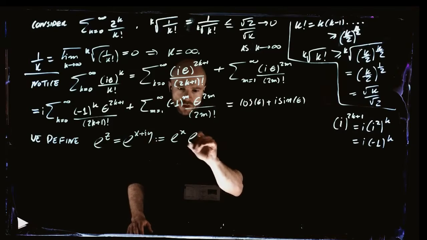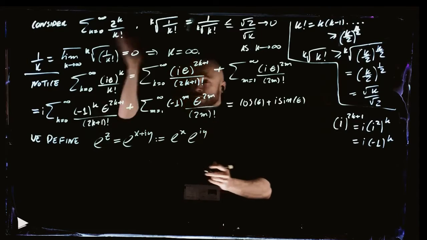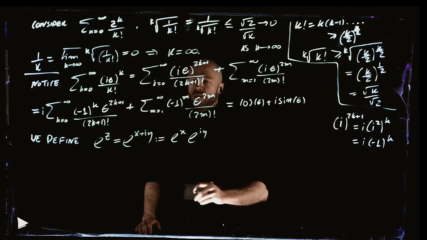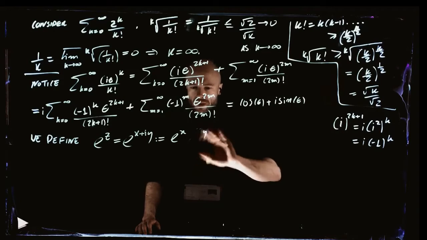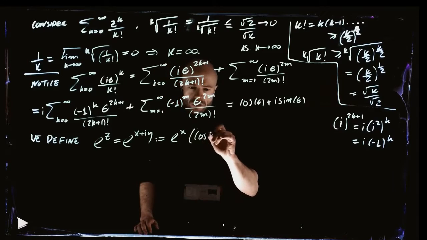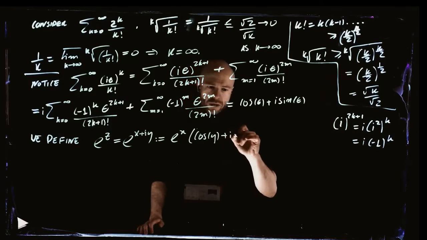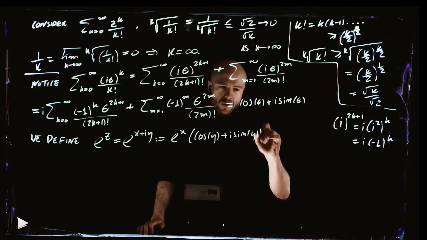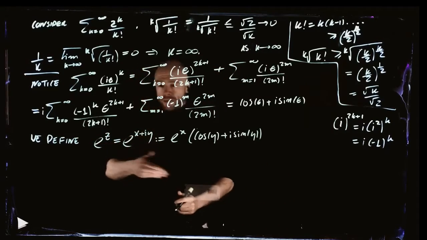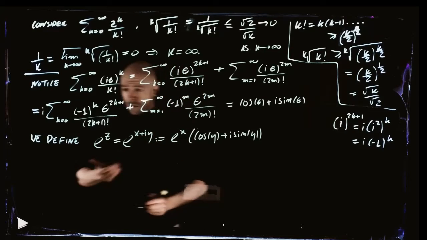It's the exponential function. e^(i theta), we know what it is. It's defined. I should perhaps write it like this: cosine of y plus i sine of y.